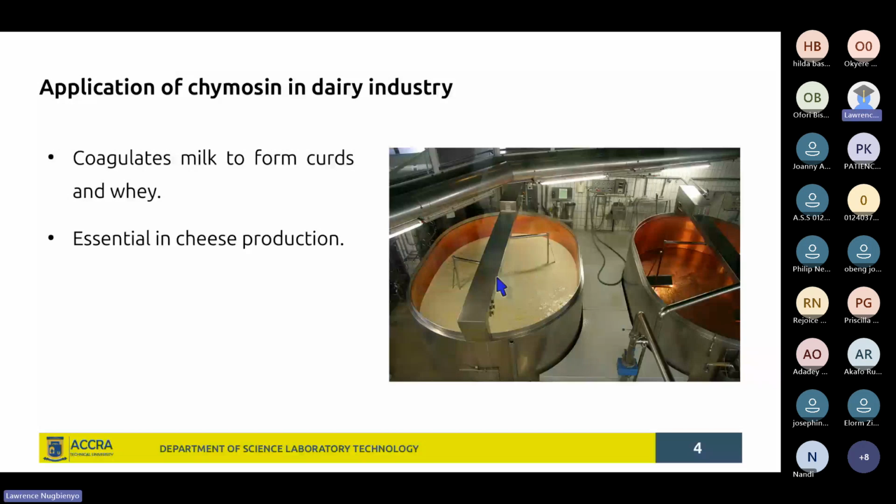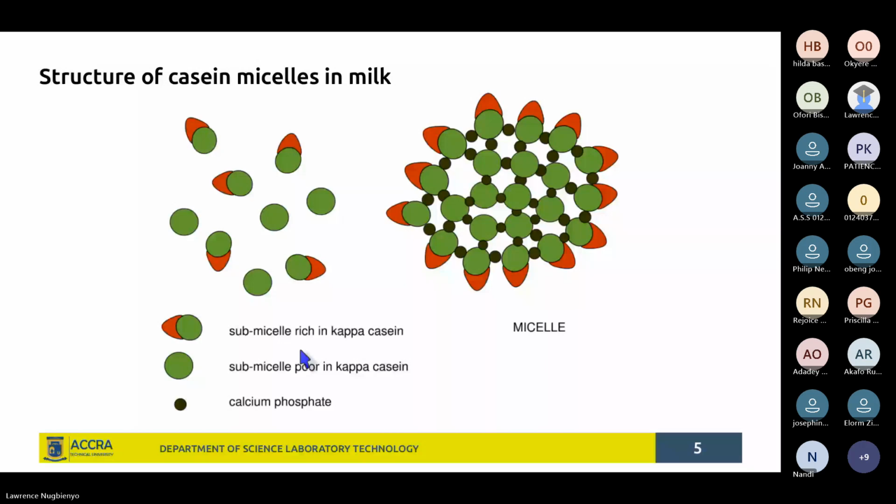But if we want to look at it much more closely, to understand how such coagulation occurs, then we have to go a bit more into the chemistry of it. There's a major protein in milk, which is casein.